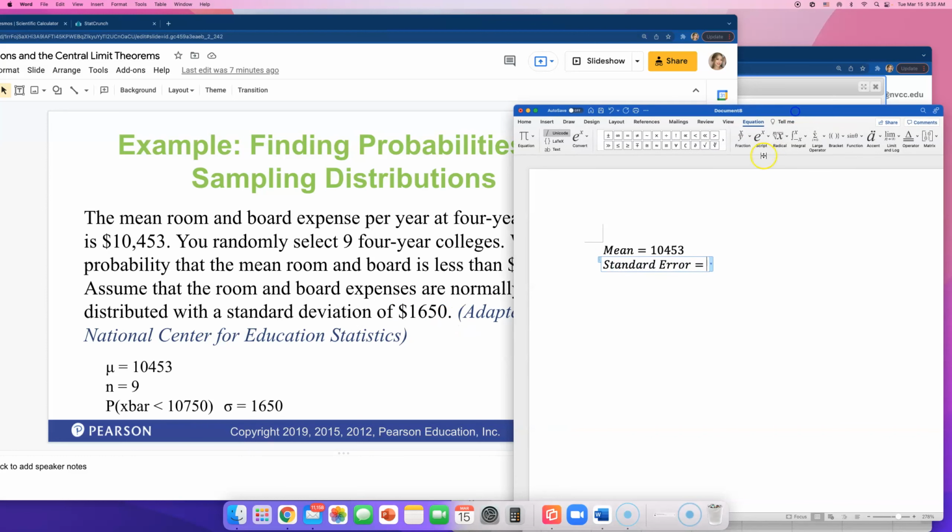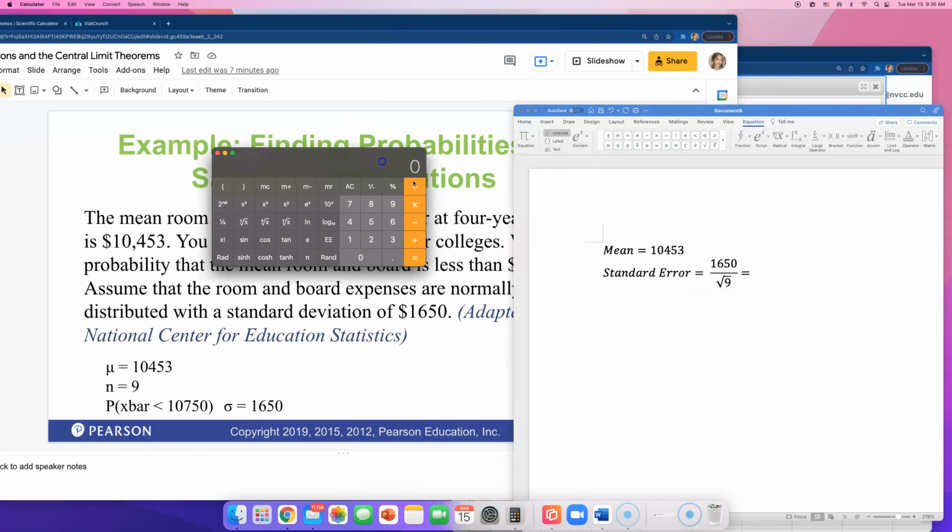We have to follow that formula: population standard deviation divided by square root of n. Population standard deviation was 1650, and the sample size was only 9. So 1650 divided by square root of 9, which is 3, gives me 550.